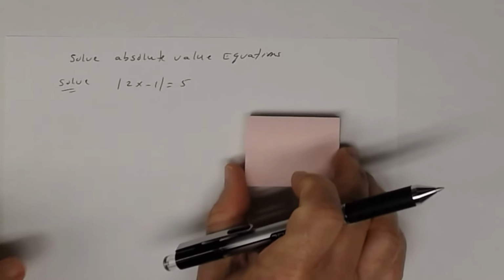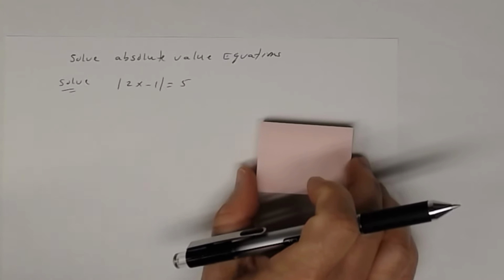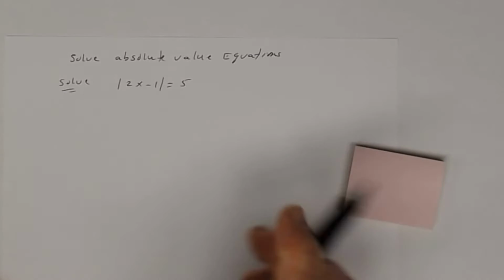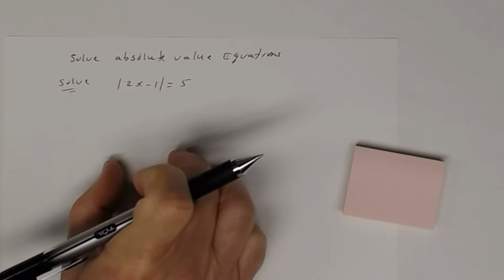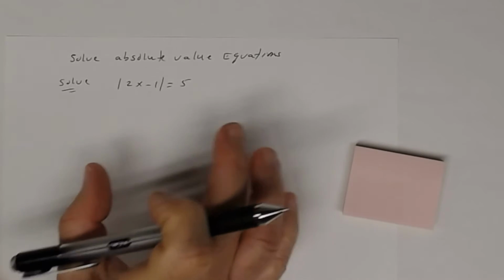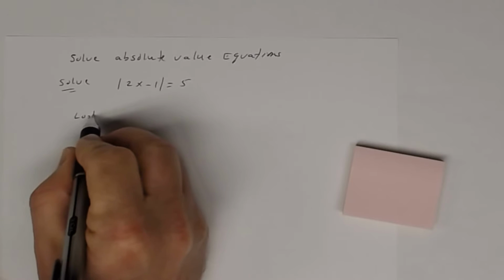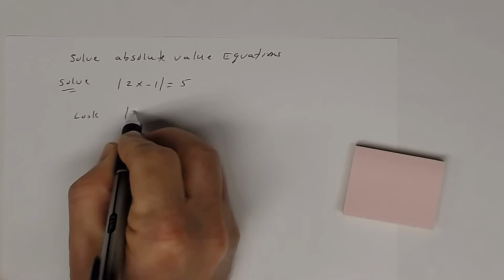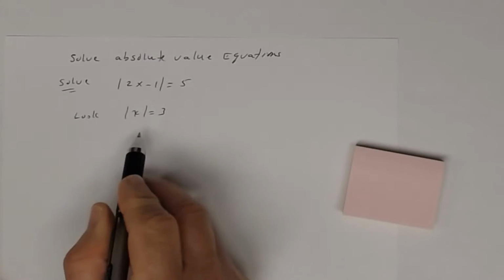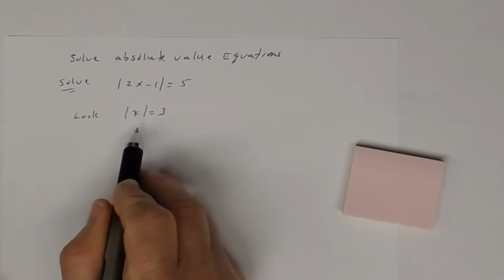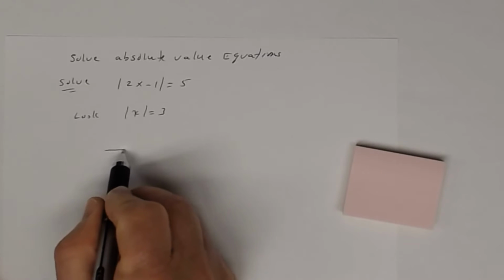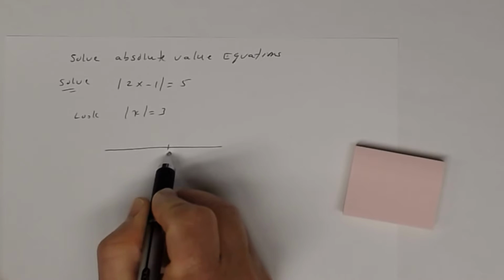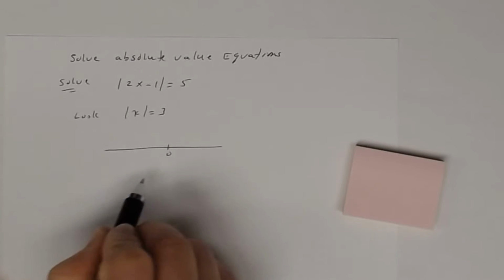But what I want you to notice is, if you recall what absolute value is, remember the absolute value is the distance that a number is from 0. So look at the absolute value of x is equal to 3, and think about what that means. Remember, the absolute value of x equal 3 means the distance that x is from 0 is 3.